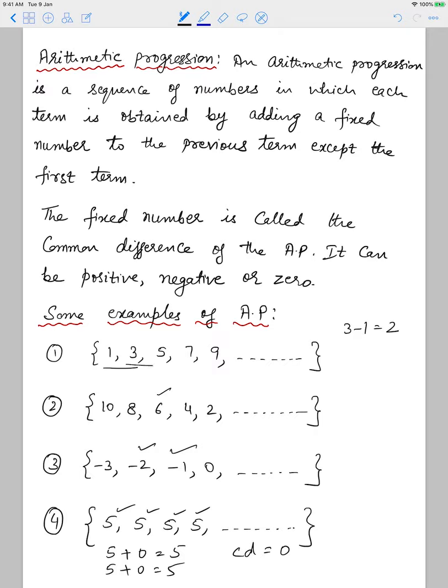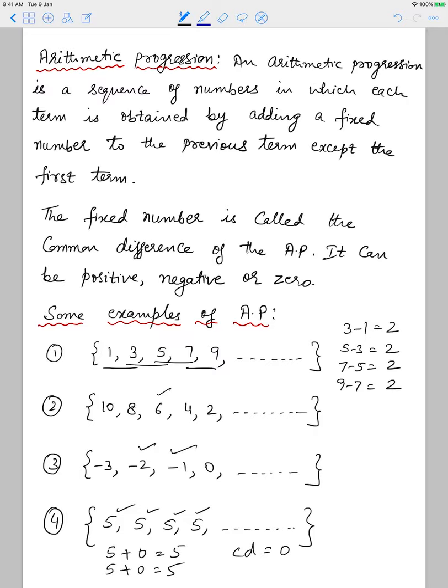The next two consecutive numbers, 5 minus 3 is again 2. Then 7 minus 5 will again give me 2. Then 9 minus 7 will again give us 2. So the difference between two consecutive numbers always remains the same. That is also one way of explaining the arithmetic progression.